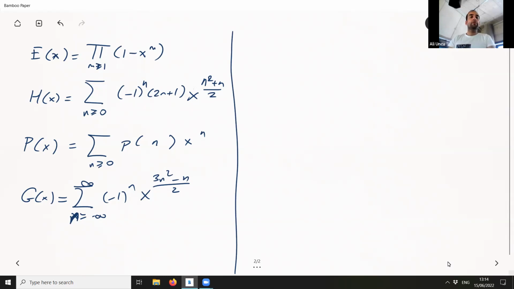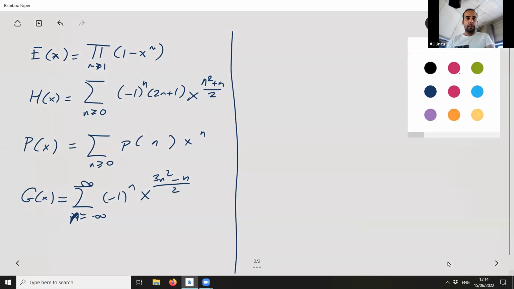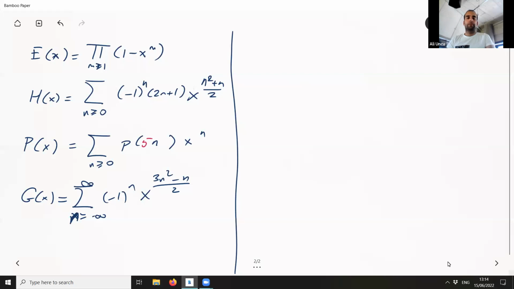So after all, we don't care about the full p of n. We care about the portion where we actually have this 5n plus 4. So that's what we're going to do. Let's split this into pieces with respect to the modular class, modulo 5, and the residue class is s.